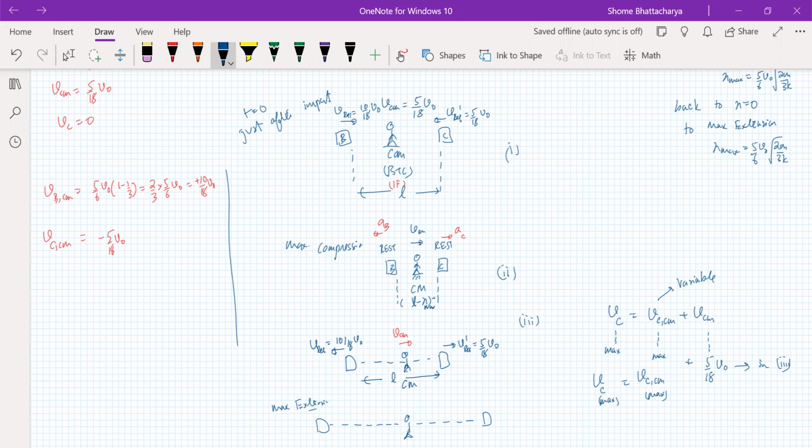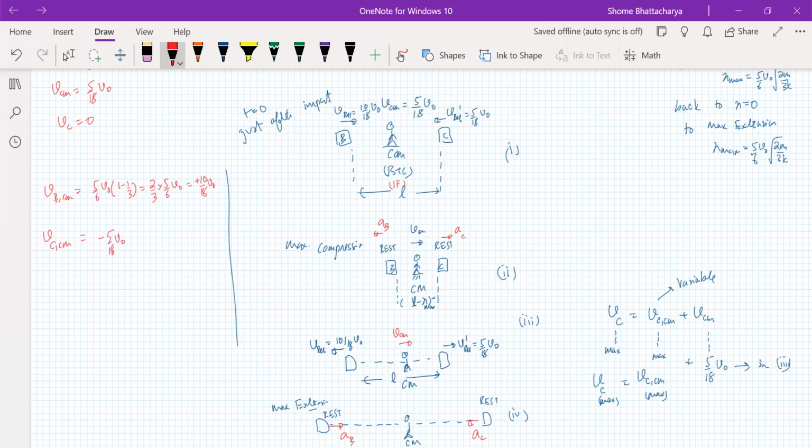And this whole cycle of these 4 pictures will keep repeating. That's the oscillation. But only this time they've reached extension, so they will have inward acceleration. They'll be coming back.